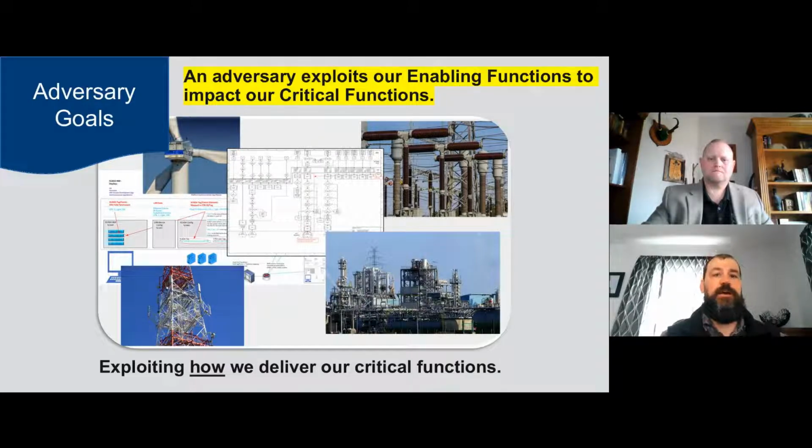increasingly, if we really peel the layers back and look at how we provide critical functions today, and at the effects that are happening, you start to realize that the way adversaries are starting to affect critical functions is because they are exploiting how we deliver them.